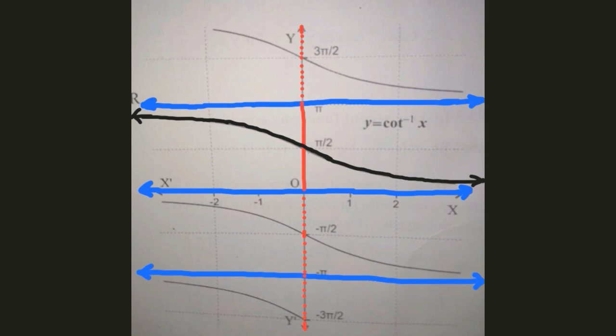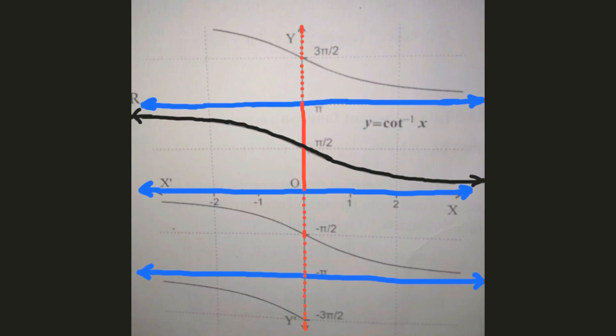If we see the graph of the inverse cotangent function, if the range is open interval 0 to pi, then this graph represented by the black line is a continuous function.